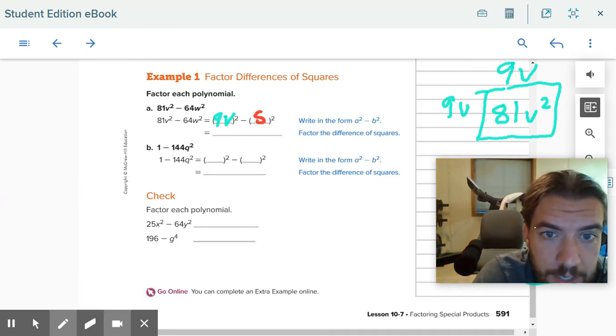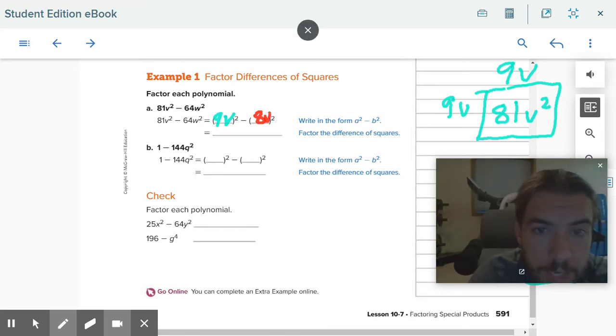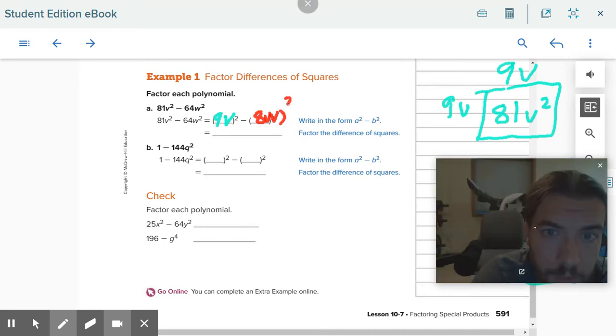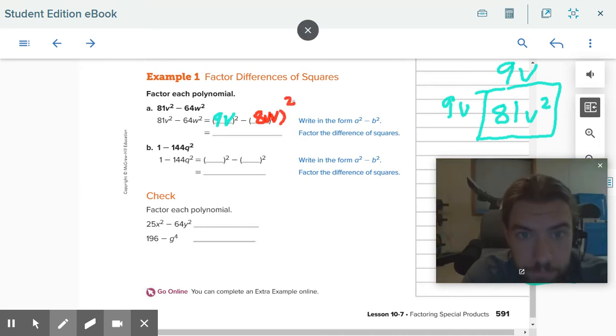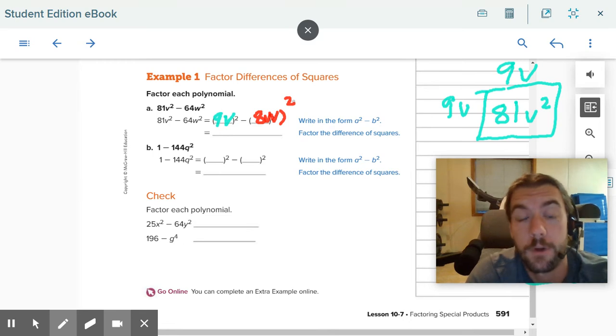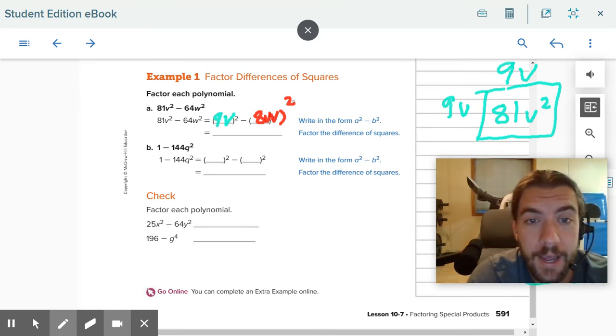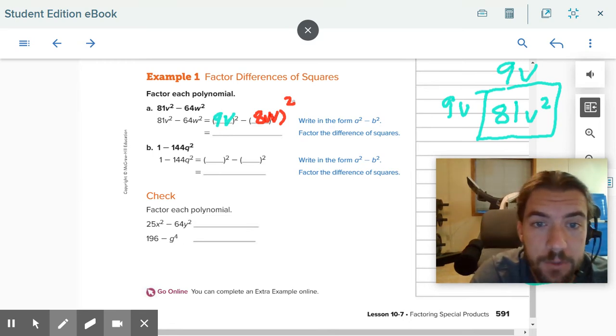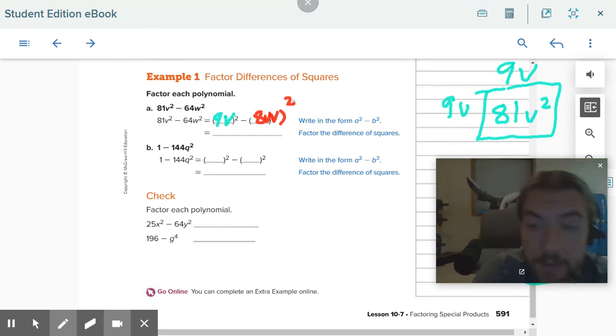So we can say 9v squared minus 8w squared. I'll put the 2 back up because I wrote over it. Okay, and based on our process, if we have a squared minus b squared, we are able to rewrite that as a plus b times a minus b.